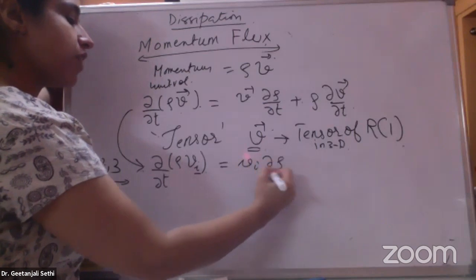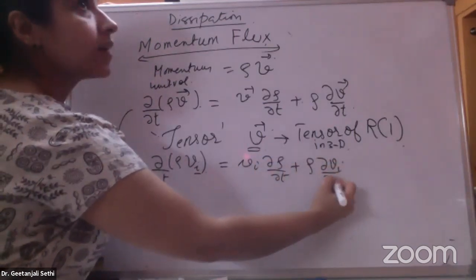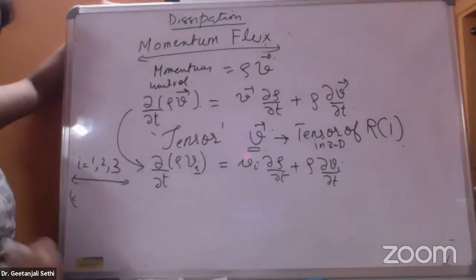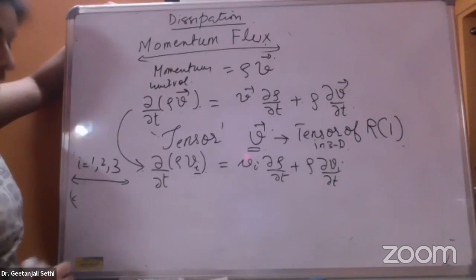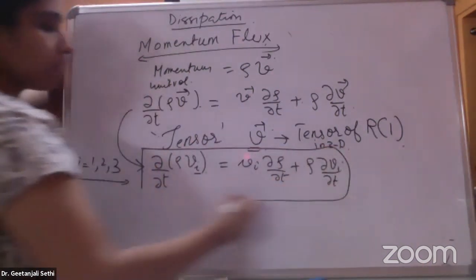So Vi del rho by del T plus rho del Vi by del T. Okay, now let's keep this equation.